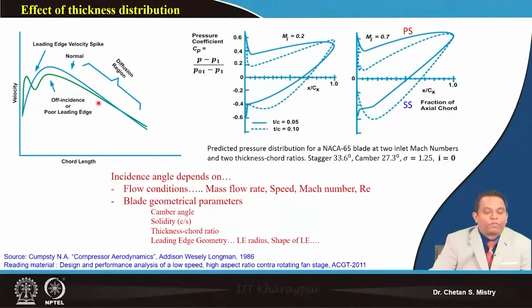This is my normal working condition, and this is my region where diffusion is happening. Now, because of some change in the geometry at the leading edge, that may be because of fabrication error, deposition of foreign particles, or striking of a bird or a foreign object, the shape of the leading edge will be modified, and you can say this is working under off-design condition.